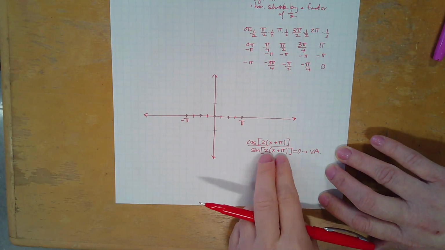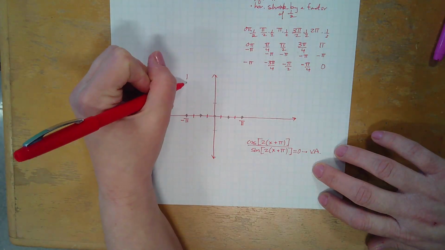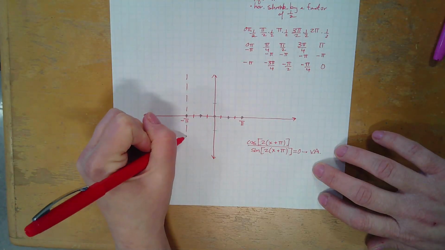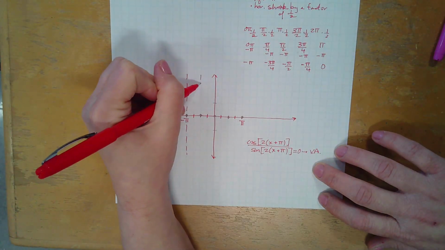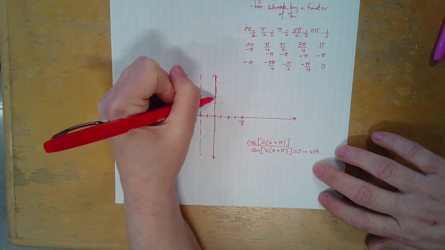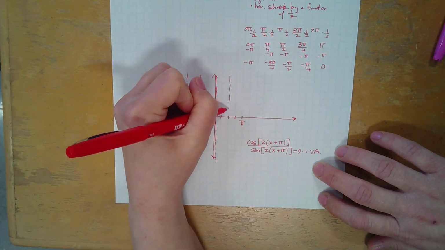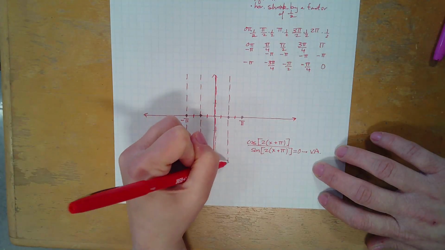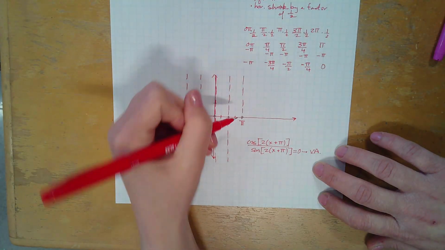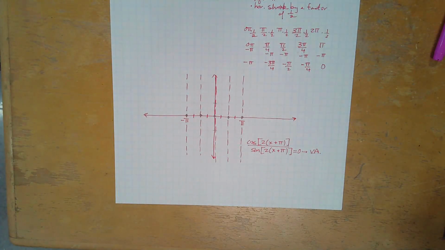So again, where sine is on the center line, cotangent is going to have a vertical asymptote. So at negative pi, at negative pi over 2, at 0, at pi over 2, and at pi, cotangent is going to have a vertical asymptote.